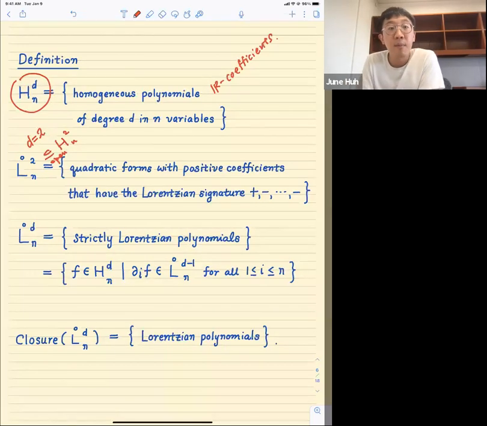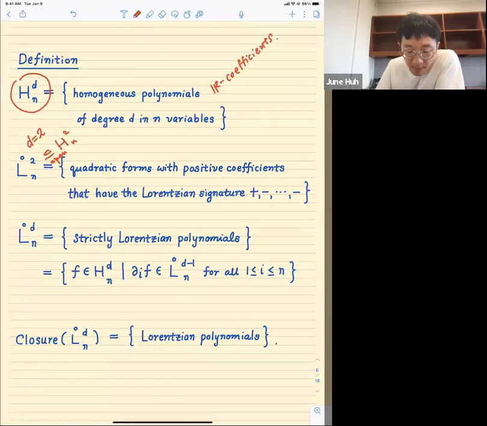And it's the set of all quadratic forms with positive coefficients that have the Lorentzian signature, by which I mean exactly one positive eigenvalue and all the rest being negative. So all positive coefficients, that's an open condition, and having this Lorentzian signature is also an open condition. So I have an open subset.